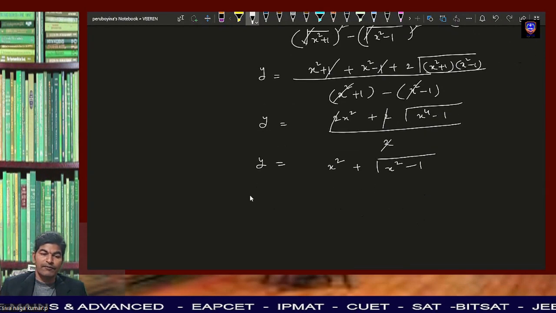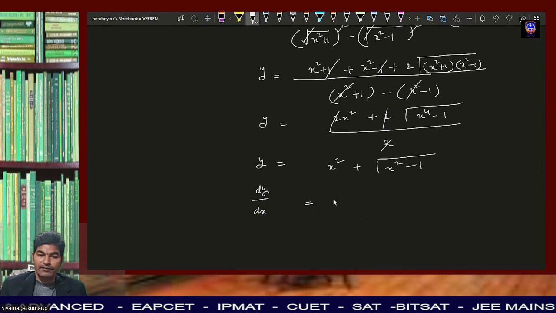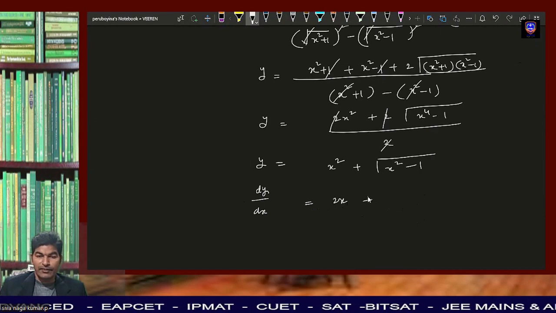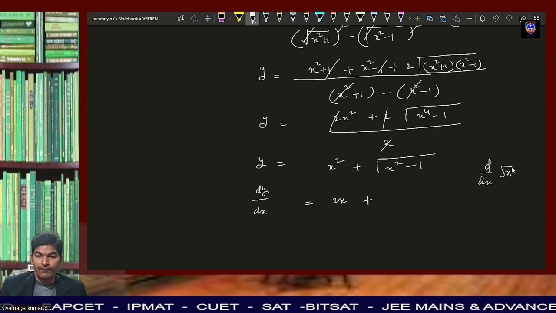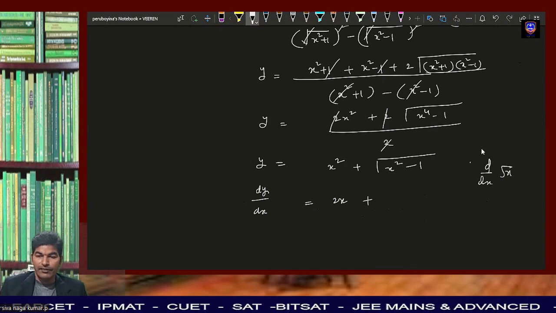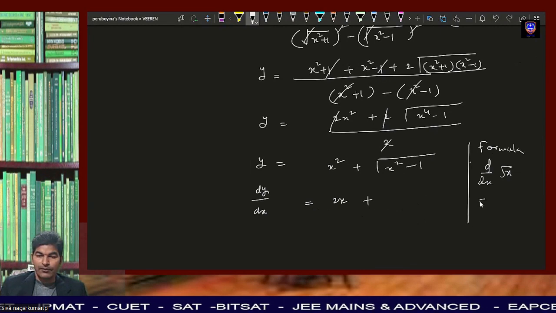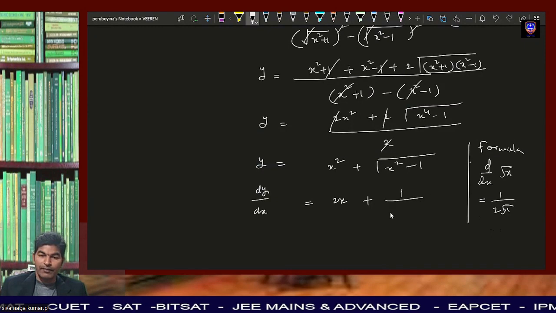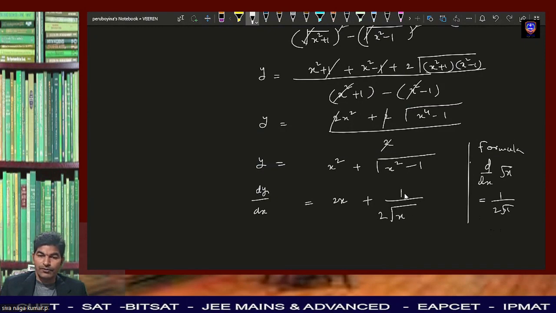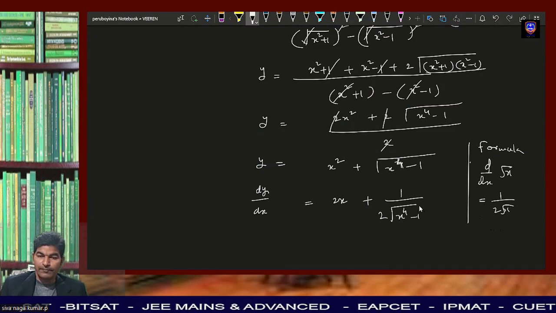Now easily we will do the derivative. So y's derivative, dy by dx: x square derivative is 2x, plus root x derivative. What is the derivative of root x? This is all formula. Root x derivative is 1 by 2 root x. Okay. So 1 by 2 root of x power 4 minus 1.